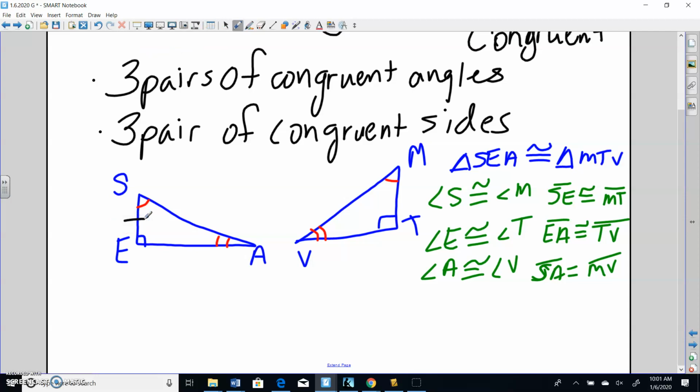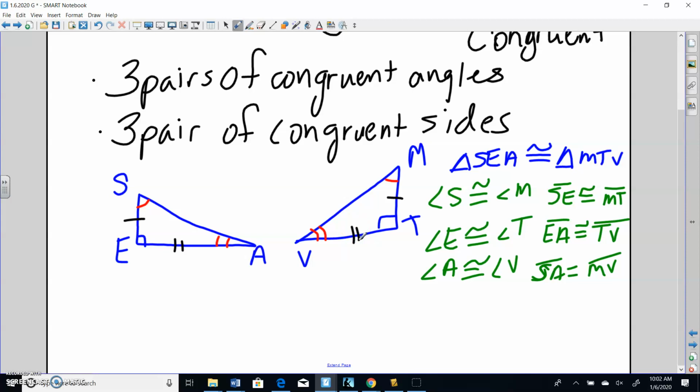And then the corresponding part on the other triangle, I would put 1 dash. So MT, I would put 1 dash. So that means those 2 sides are equal. So side EA, it's a different side than SE, so I don't want to just put 1 dash, so I'm going to put 2 dashes. And so its corresponding side on the other triangle, I need to make sure I use 2 dashes for it. And that is side TV, right?